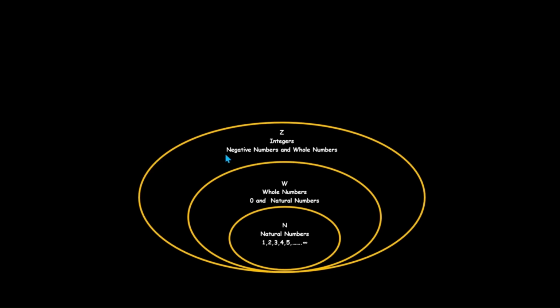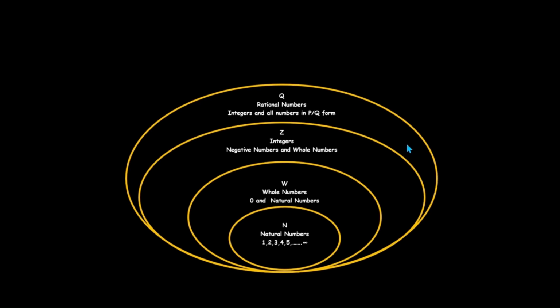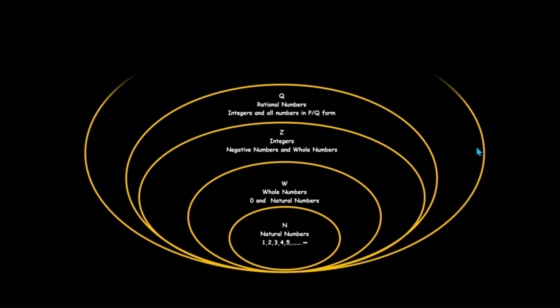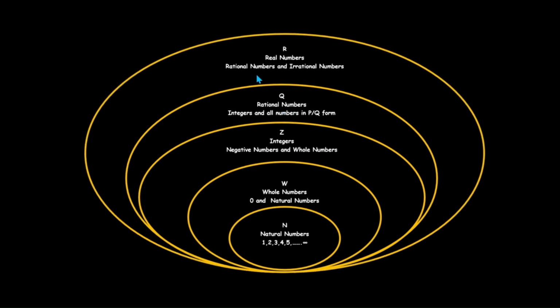So integers range from negative infinity to positive infinity. Integers and all the numbers that can be represented in P by Q form make up rational numbers. And rational numbers along with irrational numbers together form real numbers. Real numbers is the all-encompassing superset of all the numbers that we know.